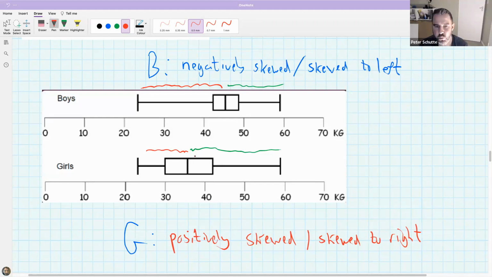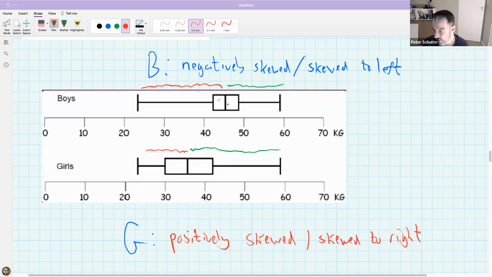Now, the whiskers can be very helpful, right? But in reality, you want to look at the bottom 50% and the top 50%. And so you look at a combination of both of them, would be my answer. But the whiskers can be helpful. I mean, there's no doubt the whiskers here would have given you the right answer. But I think the safest way to do it is just to look at the top 50% and the bottom 50%.